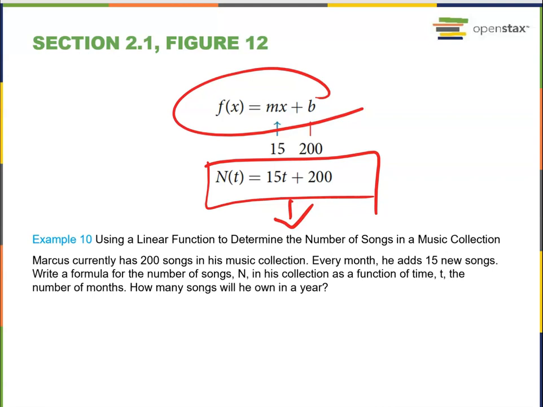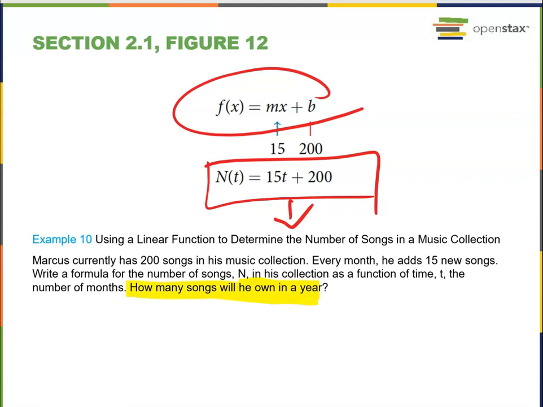Using a linear function to determine the number of songs in a music collection. Marcus currently has 200 songs in his music collection. Every month he adds 50 new songs. Write a formula for the number of songs n in his collection as a function of time t, the number of months, and how many songs will he own in a year.